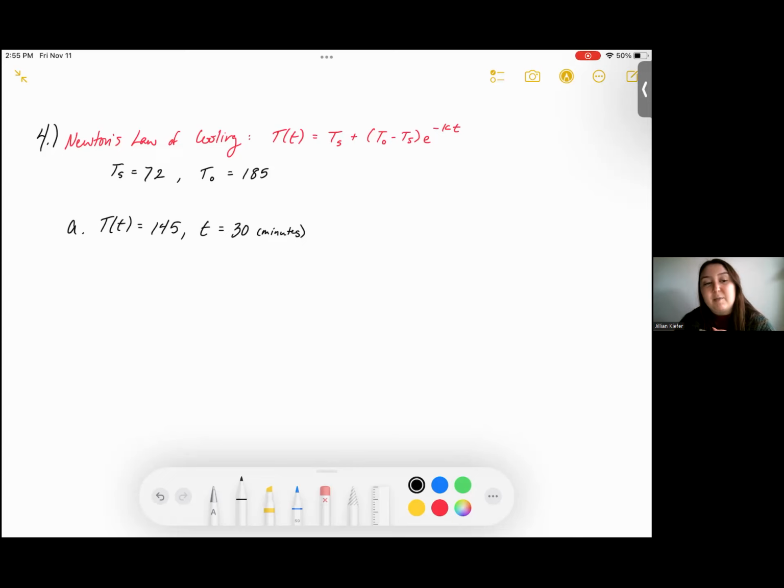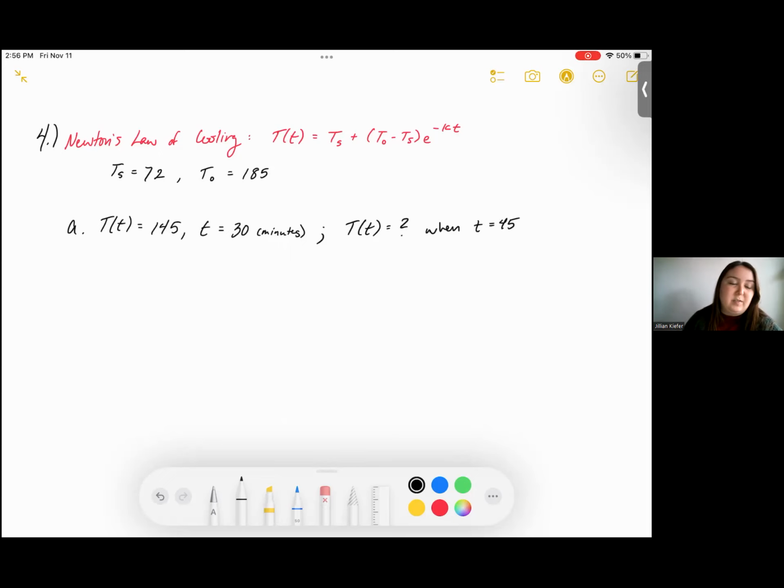So we're going to use this information, and what we're going to do is find the value of K, because we want to know what is T of t when t is 45. So we need to find the value of K in this case.